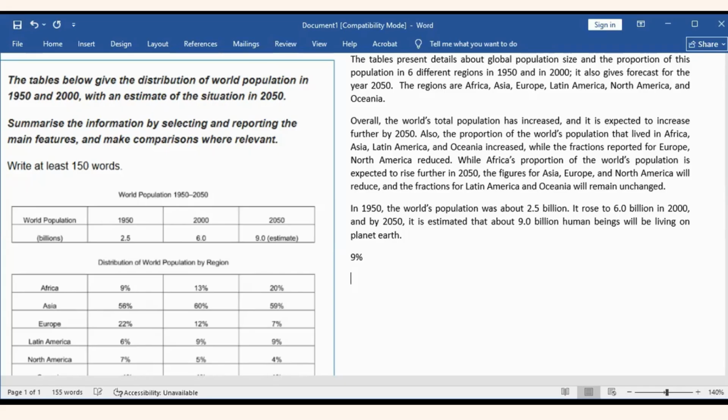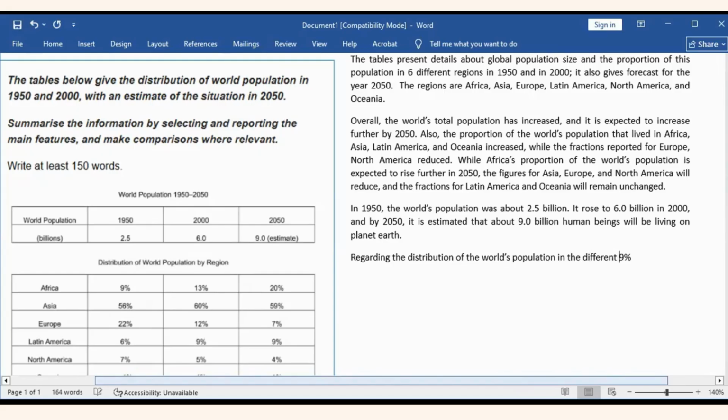So let me do a transition here to show that I'm moving to the next table. Regarding the distribution of the world's population in the different continents. Who had the largest figure in 1950? Asia.